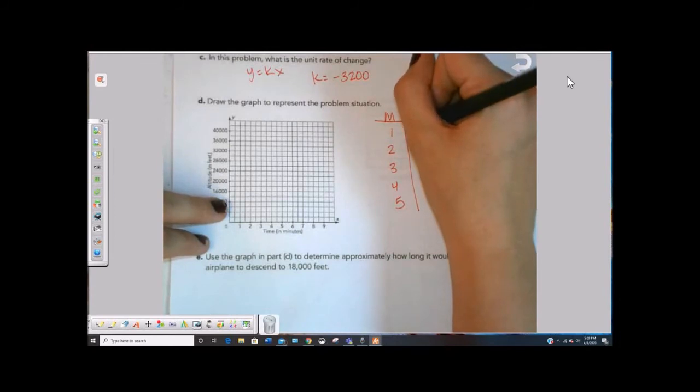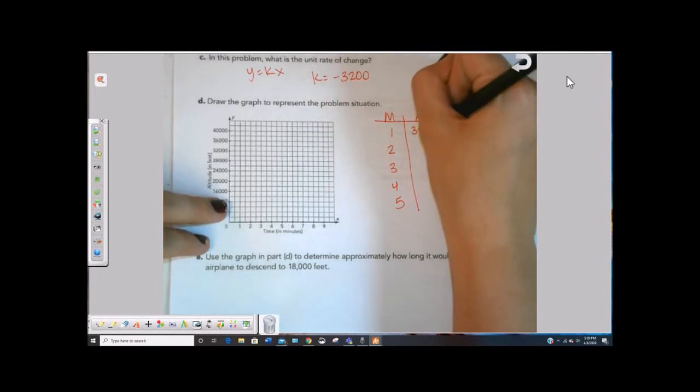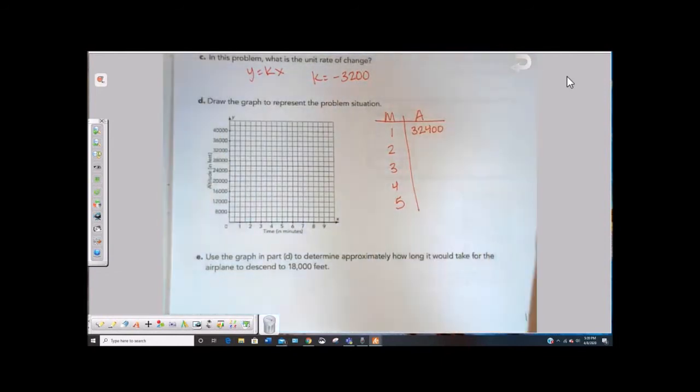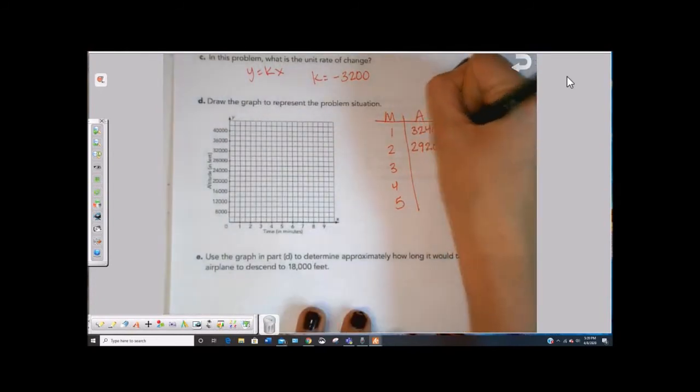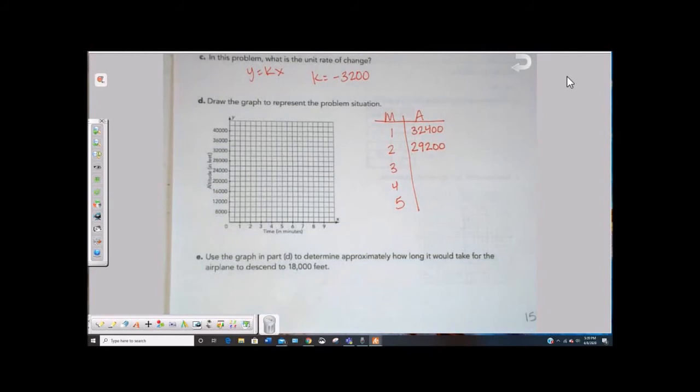So in 1 minute, you're at 32,400 feet. Okay. So now in 2 minutes, you're at 29,200 feet.